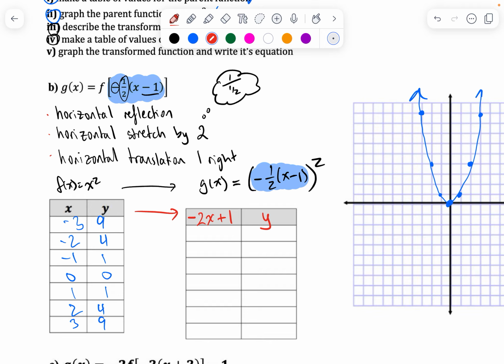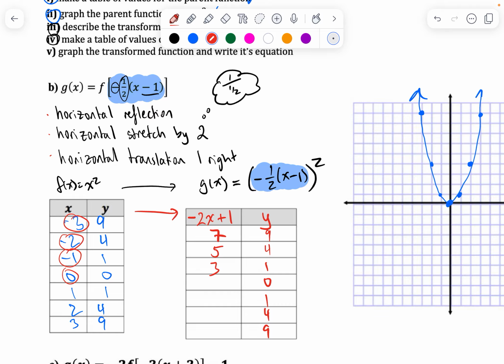Y values are going to stay exactly the same, 9, 4, 1, 0, 1, 4, 9. X values are going to be negative 2 times and then plus 1. So negative 2 times negative 3, that's 6, plus 1 is 7. Negative 2 times negative 2 is 4, plus 1 is 5. Negative 2 times negative 1 is 2 plus 1 is 3.